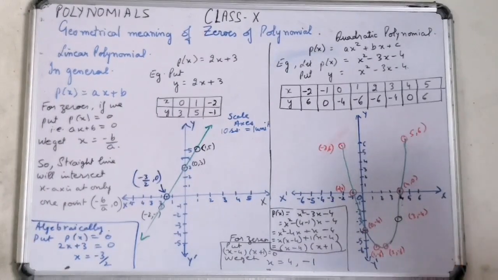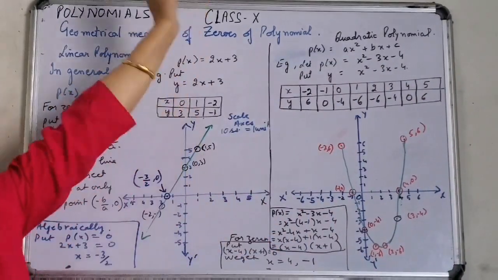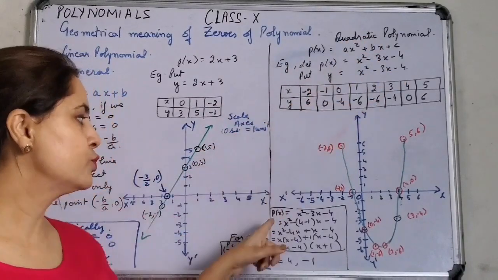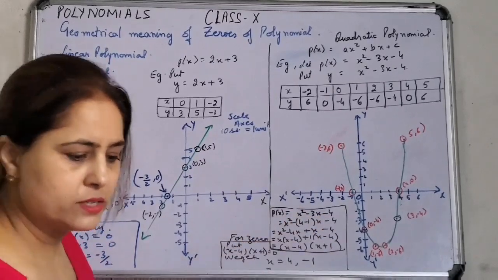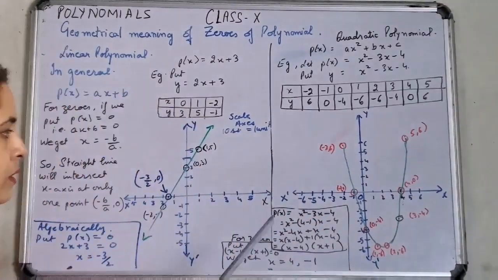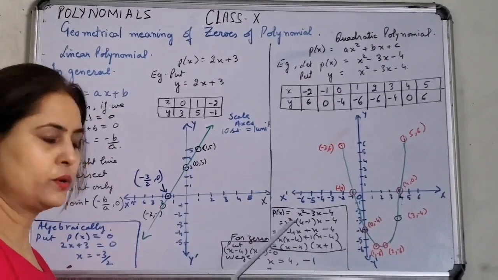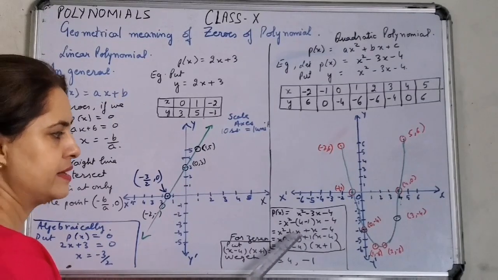Now I'm going to justify this using the algebraic technique. What we used to do algebraically is put p(x), that is, the polynomial x² - 3x - 4. First of all, I'm going for splitting of the middle term to take out the factors. Instead of -3x, I've put down brackets and the rest remains the same.